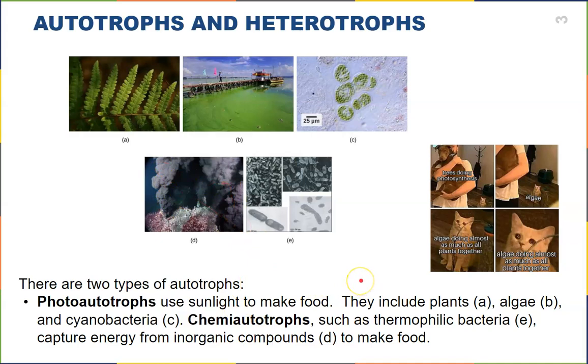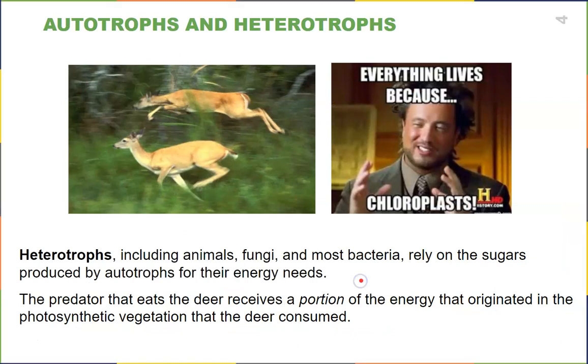So autotrophs are extremely important to heterotrophs. A lot of heterotrophs consume plant matter. Heterotrophs are things like animals, fungi, bacteria. They rely on other organisms so that they can eat them. So like these deer, they would be heterotrophs.